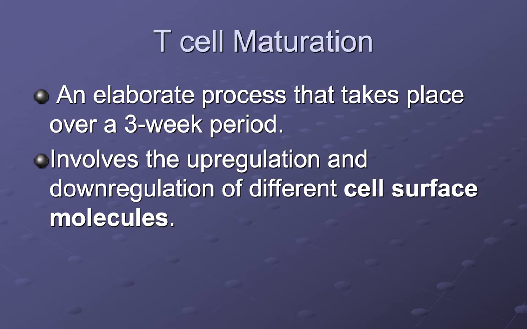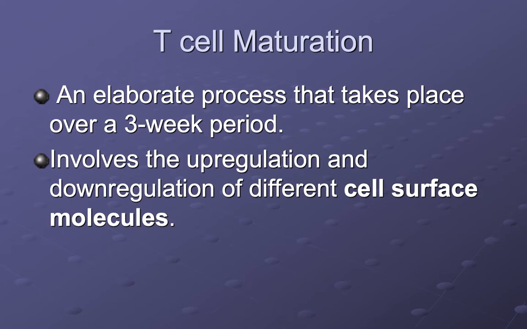So when I say regulation, the process follows a proper or correct combination of cell surface molecules as your T cells mature from the progenitors up to the T cell that has a T cell receptor, or a T cell that can be further specialized by the action of cytokines and other antigen presenting cells.